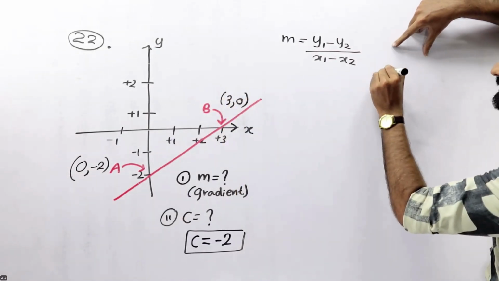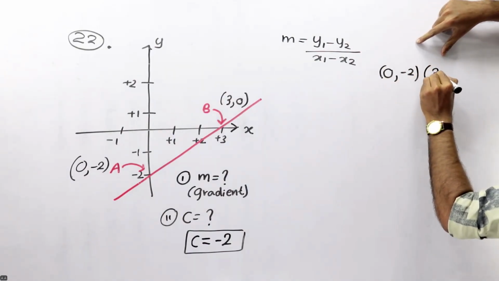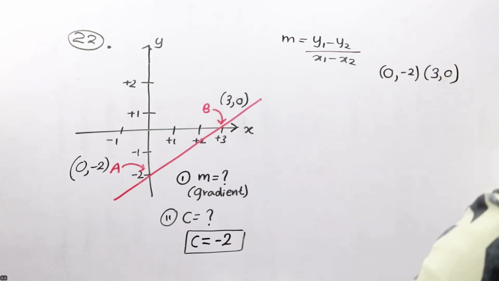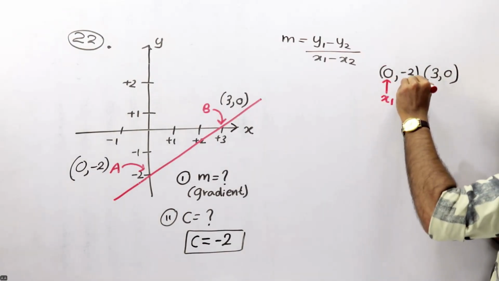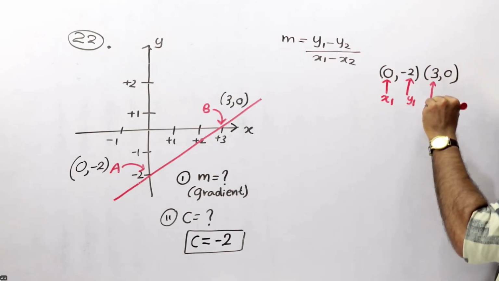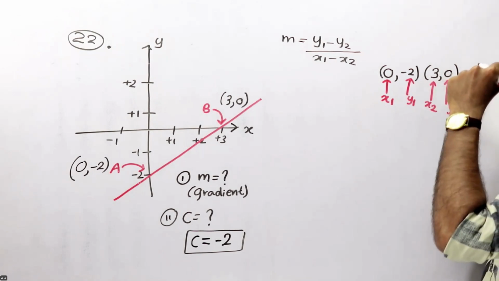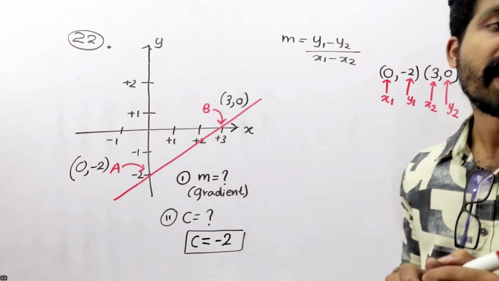Now we take 0, -2 as x1, y1, and 3, 0 as x2, y2.